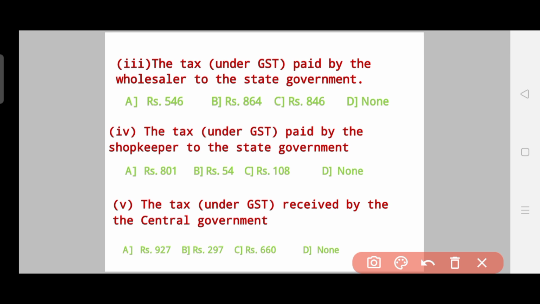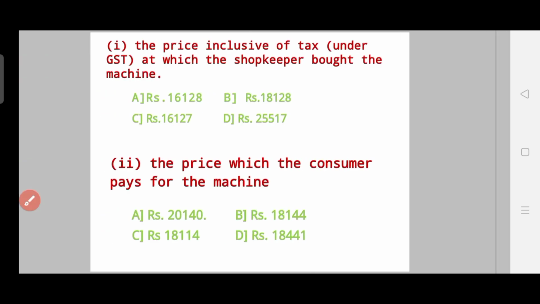Question number 4 says the tax under GST paid by the shopkeeper to the state government. Question number 5 is the tax under GST received by the central government, and here you have some options. Questions 4 and 5 have options which you can get by calculating. My main motive is to tell you how these questions come.